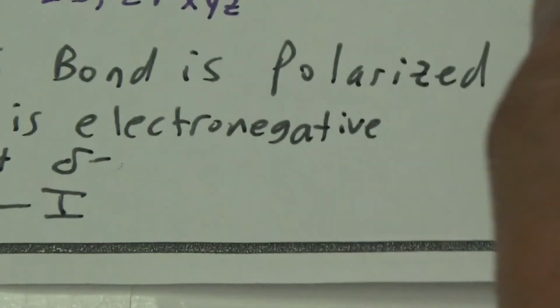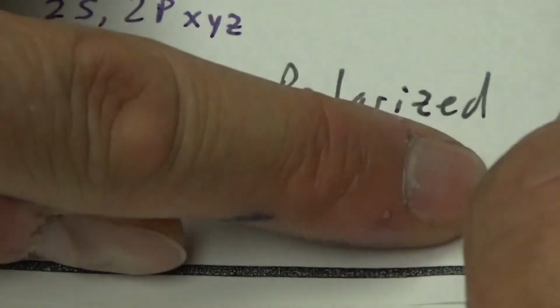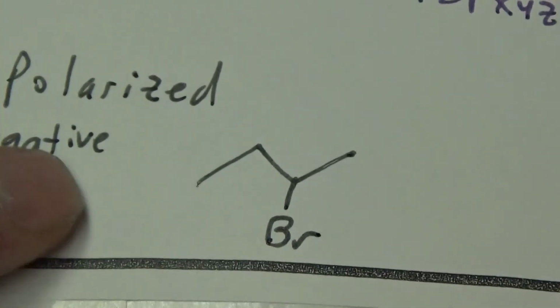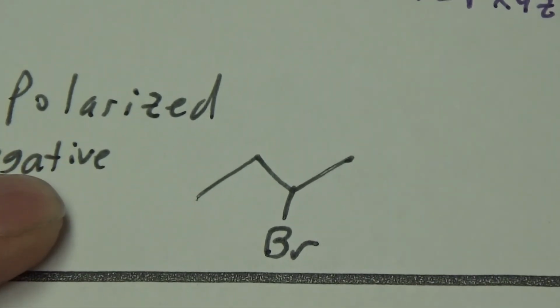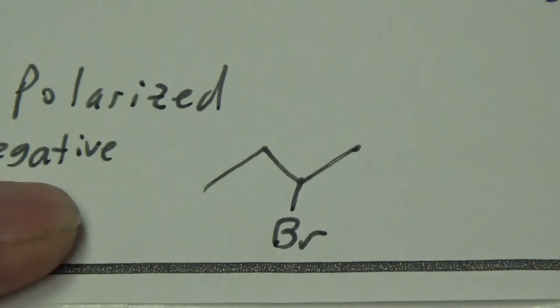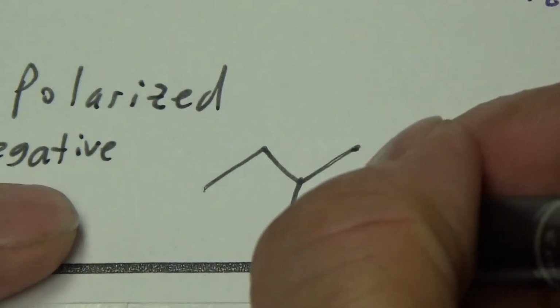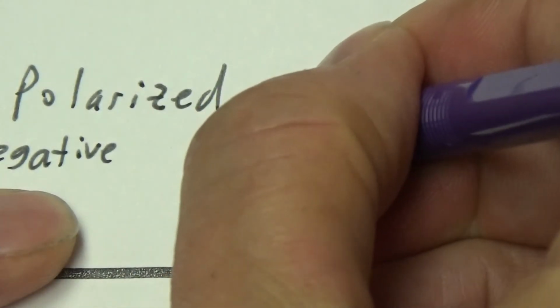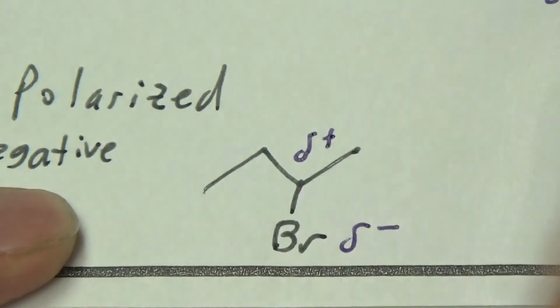Let's draw another one. So that's 2-bromobutane. What are the partial charges? Bromine is delta something, and carbon is delta something. So the bromine is delta negative, and the carbon is delta positive, right?